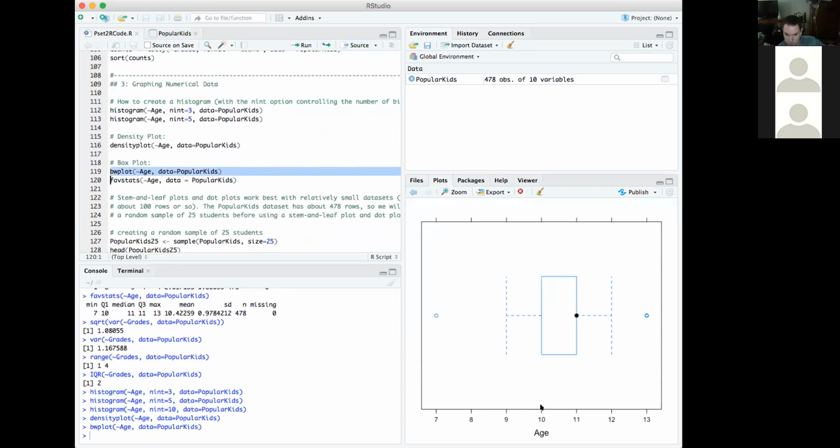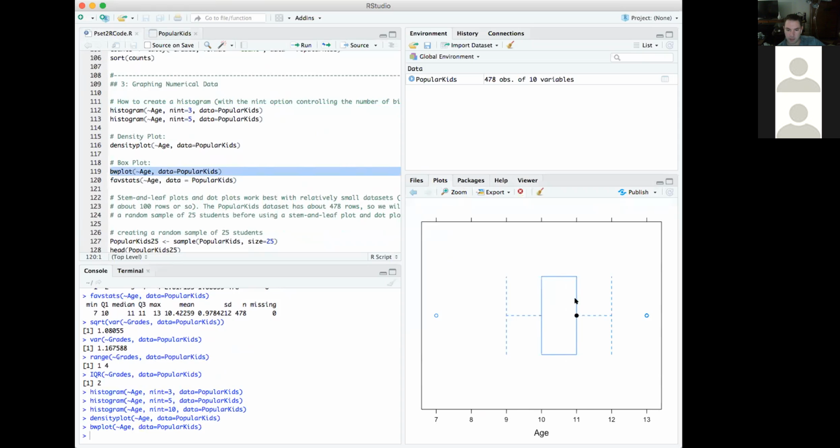If we're looking at the Q1, we can see that's 10 years old here. If we're looking at the Q3, that's 11. And this is also interesting. Some people might be confused here because we're saying the Q3 is 11, but also the median is 11 as well, which is what the dot is showing us here.